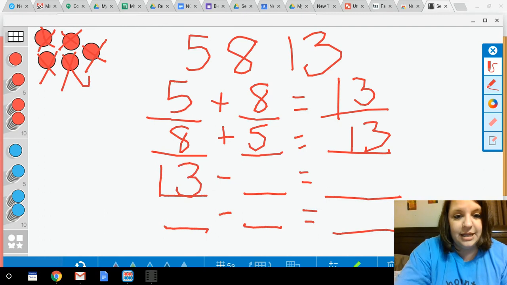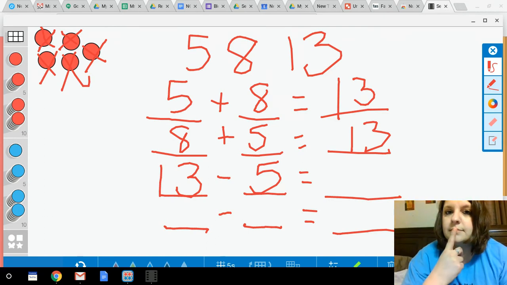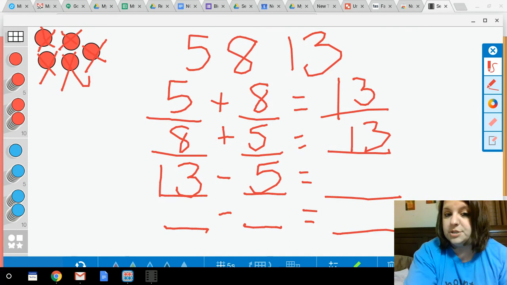So 13 minus, let's start with 5. So 13 minus 5. So 13 take away 5. We should know this right away. We shouldn't even need our counters because we have our fact family. 13 minus 5. Oh, 13, 5. Who did we forget about?